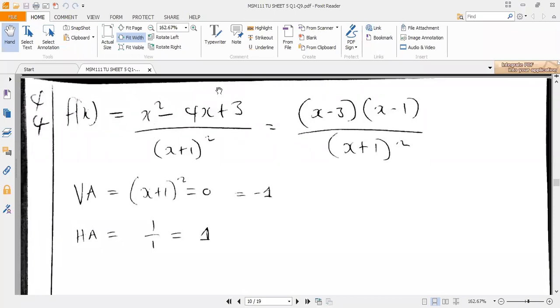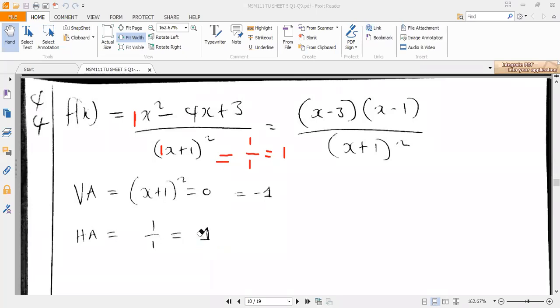The coefficient of x squared on top is 1, and the coefficient of x squared in the denominator when you expand it is still 1. So we say 1 over 1, and we get the horizontal asymptote to be y equals 1, which is here. That's how we find the horizontal asymptote.